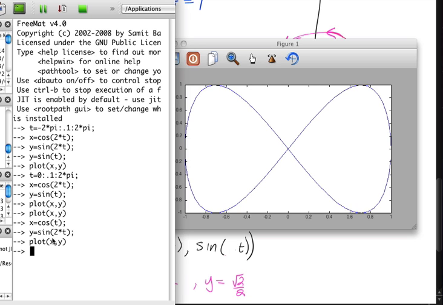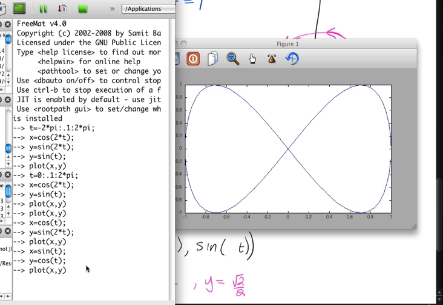If you switched it so sine was x and cosine was y, then it would be sideways. So instead of x equals cosine, do x equals sine, and y equals cosine.